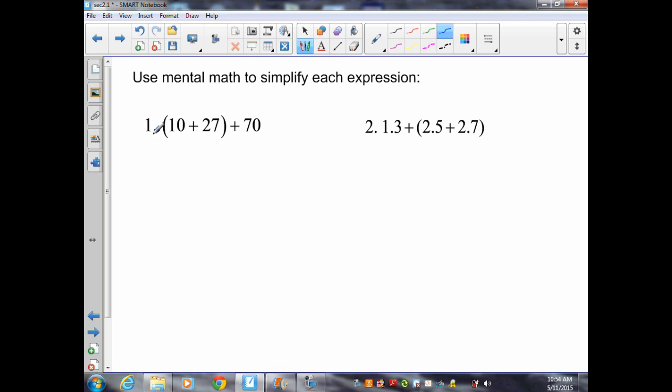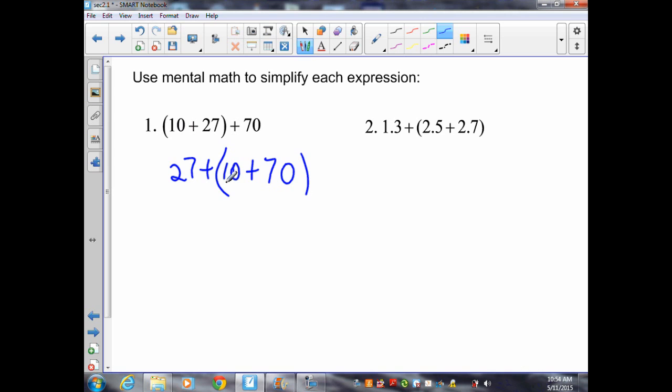And here's my situation. Number 1, 10 plus 27 plus 70. This is going to be a lot easier if I add the 10 and 70 together first. In other words, I would do 27 plus 10 plus 70, which is the commutative property, and then I would regroup. And I know I'm allowed to do that because that property holds or is true for addition.